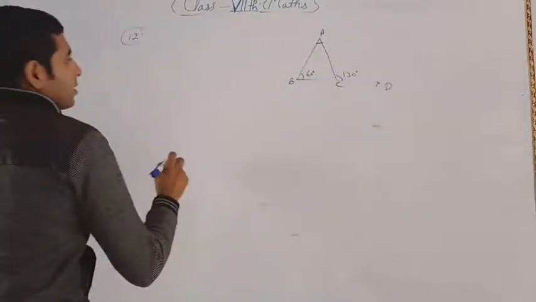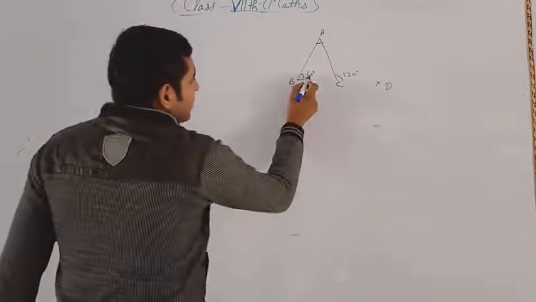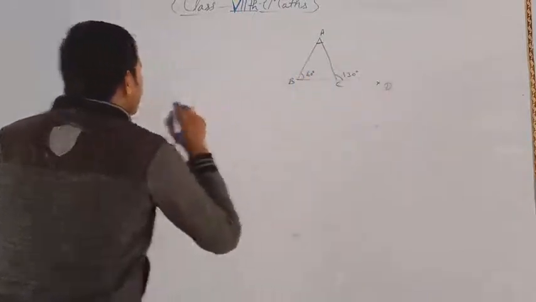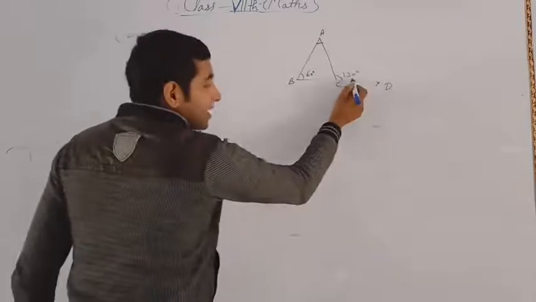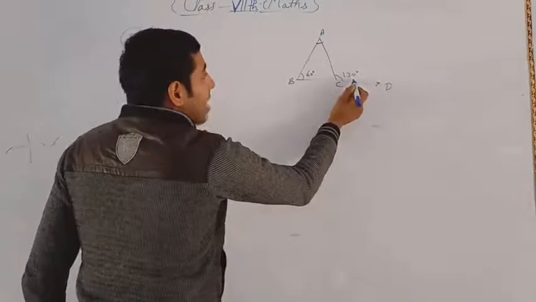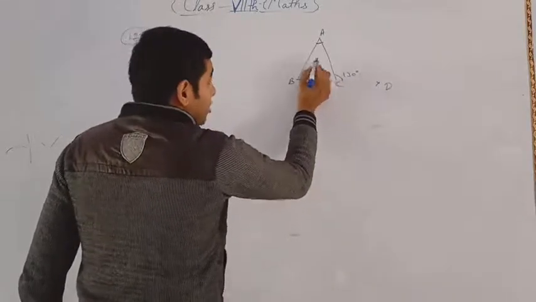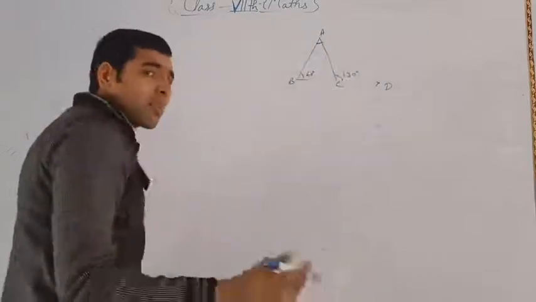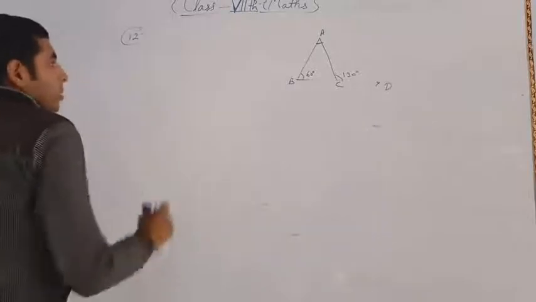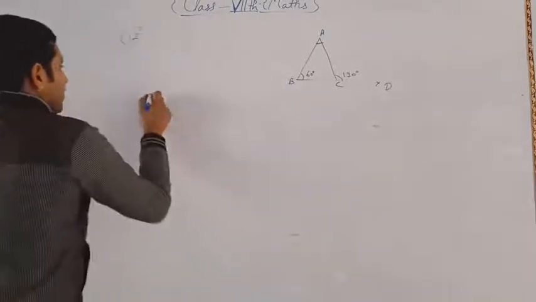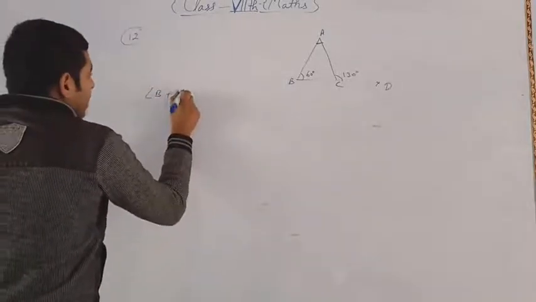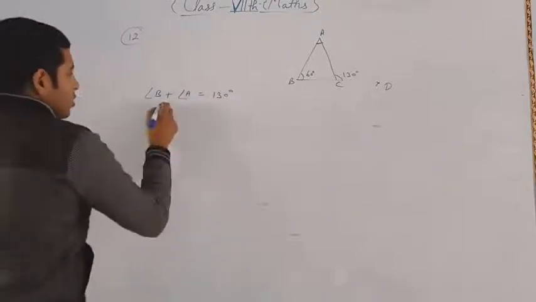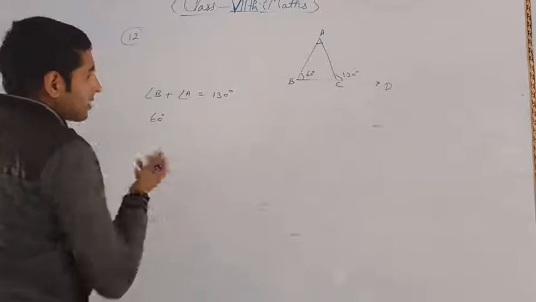First of all, you have been given that angle ABC is equal to 60 degrees and angle ACD is equal to 130 degrees. You know that the exterior angle of any triangle is equal to the sum of the two interior angles. So from here, angle B plus angle A is 130 degrees.